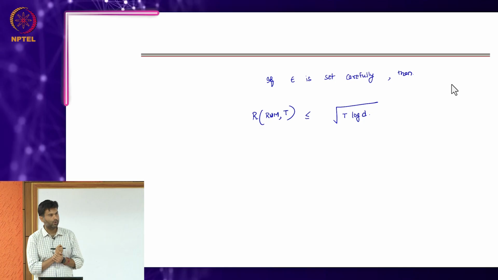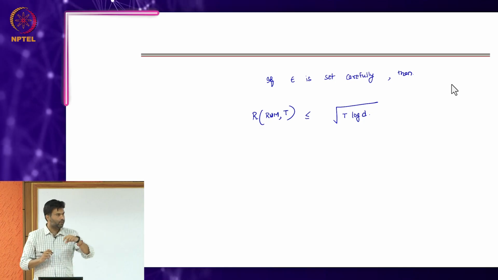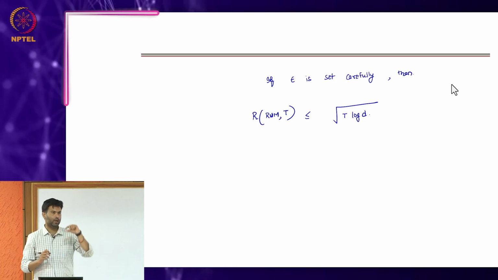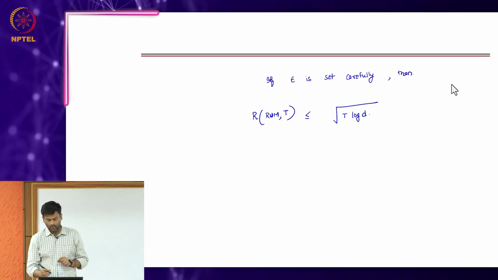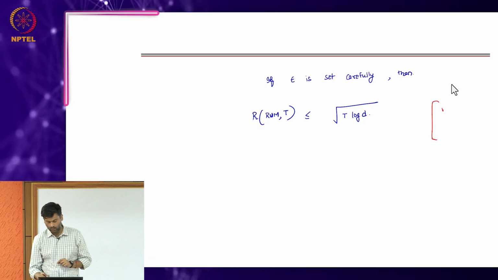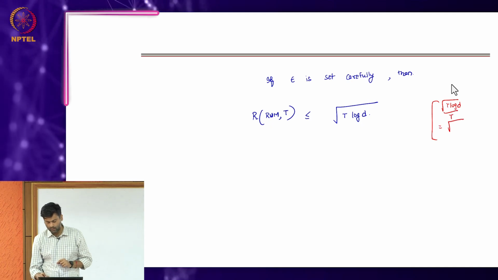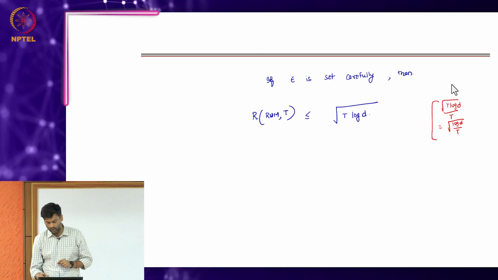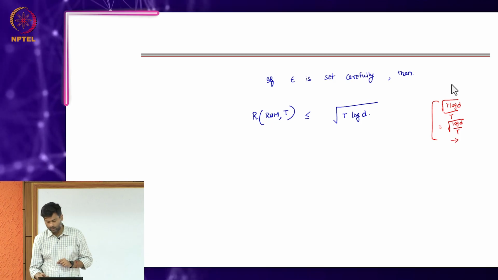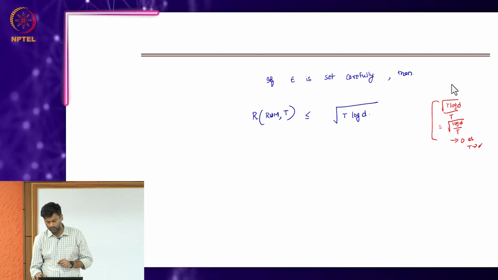This tells us the following. Now, if I divide this regret by t, and look at per round regret, that would be square root of t logarithm of d divided by t, and that is square root of logarithm of d divided by t, and this goes to 0 as t goes to infinity.